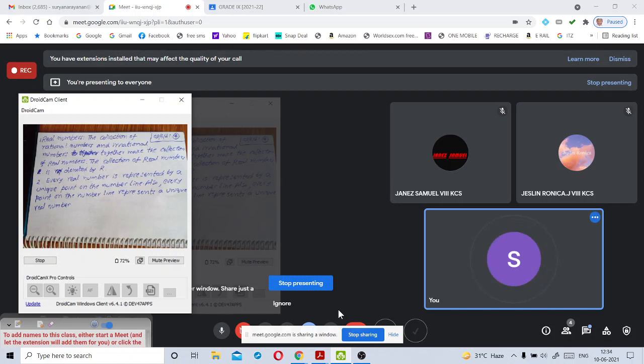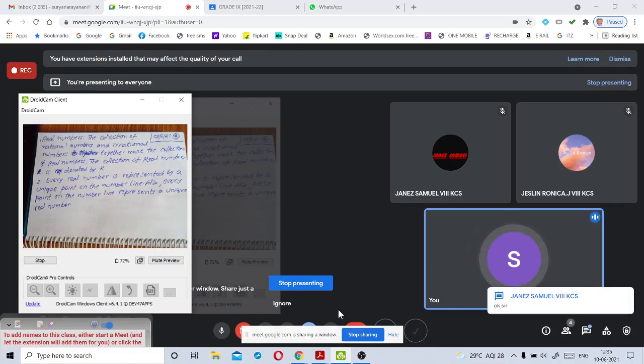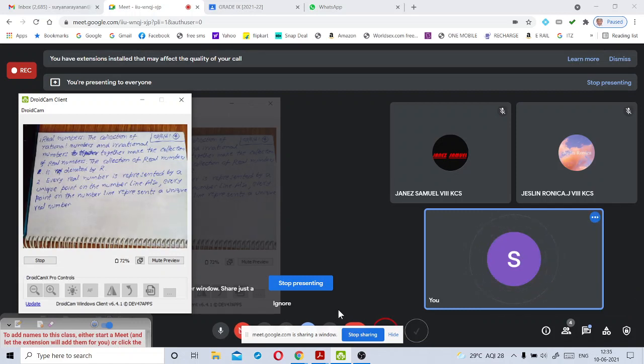For rational numbers, P and Q should be integers. Numerator and denominator should be integers.